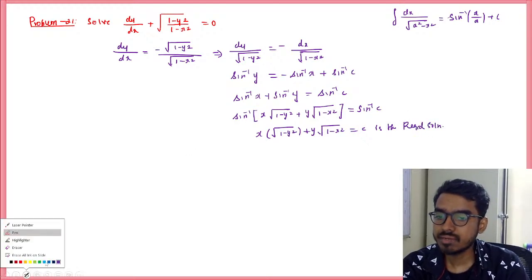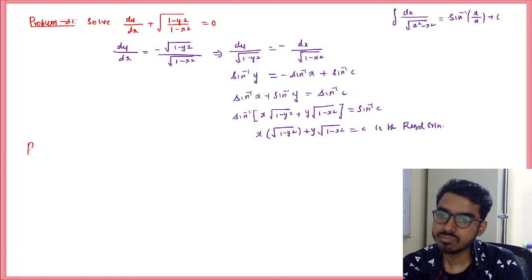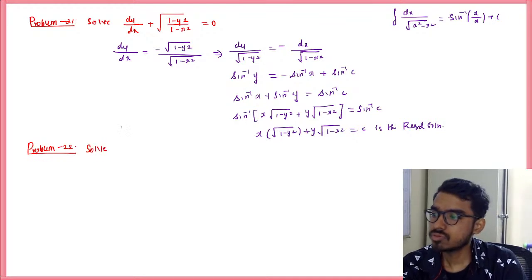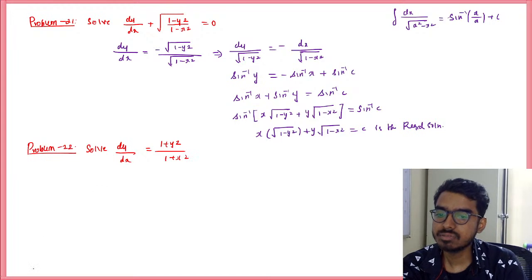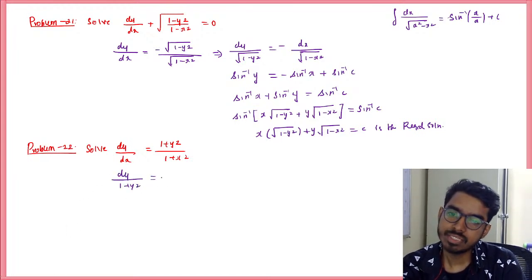We move on to 22nd problem. So solve dy by dx is equal to 1 plus y square by 1 plus x square. So we have dy divided by 1 plus y square is equal to dx by 1 plus x square.